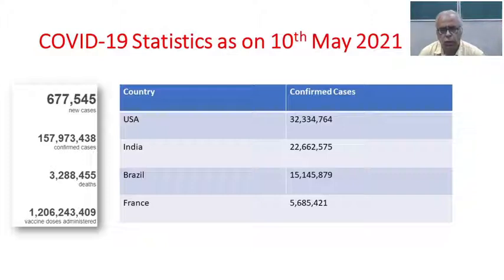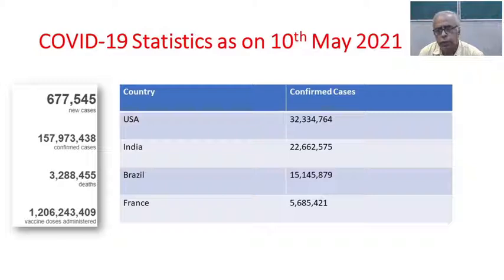In spite of all these pathetic conditions, we were able to administer successful vaccine doses to around 1.2 billion people.